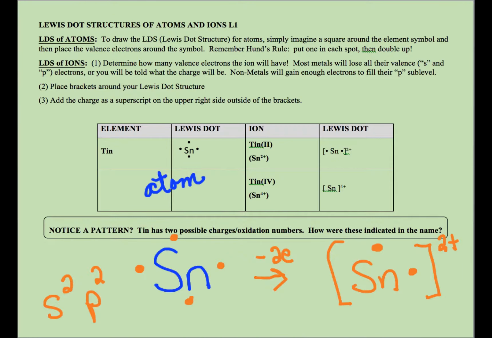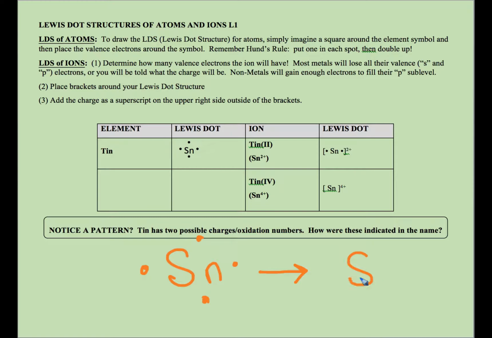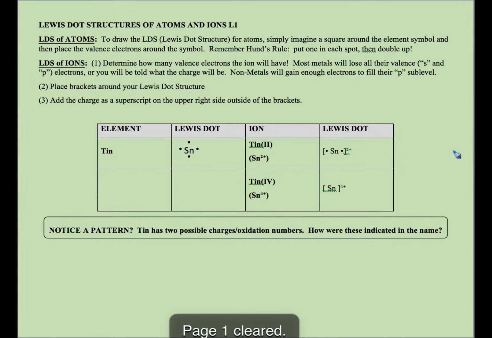Now, tin with its 4 electrons could also lose all 4 of those electrons. It would have no more valence electrons left, and it would have a 4+ charge. So I think IBC root beer. Ions use brackets and charges, and the charge goes just outside those brackets.